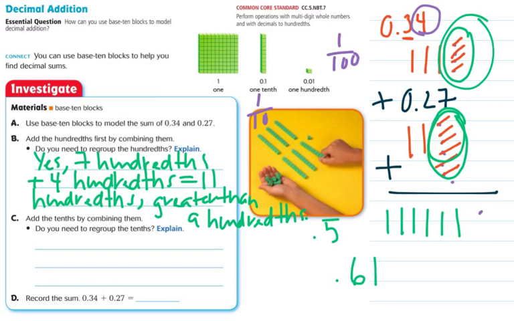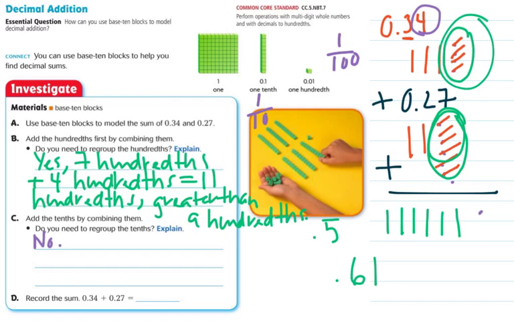Now we're going to go down to C. It says add the tenths by combining them. So what we did was when we add the tenths, we said 1/10 plus 2/10 plus 3/10 plus 4/10 plus 5/10. Did we have to regroup the tenths? No, boys and girls, we did not.